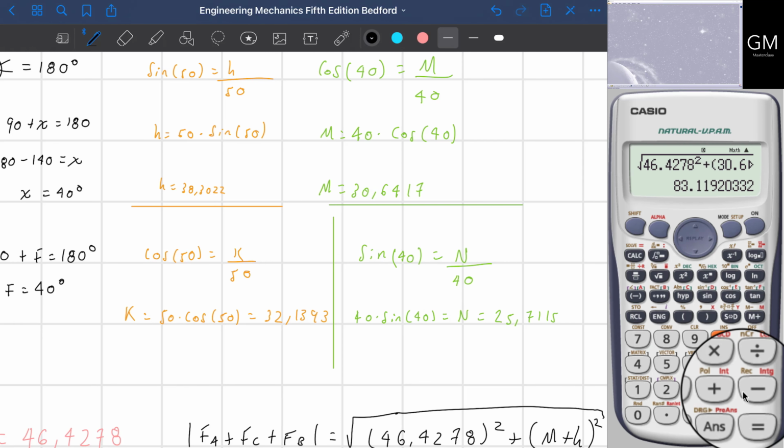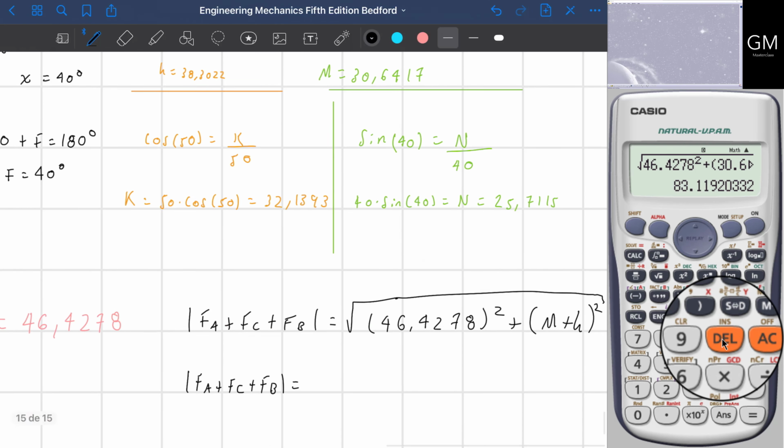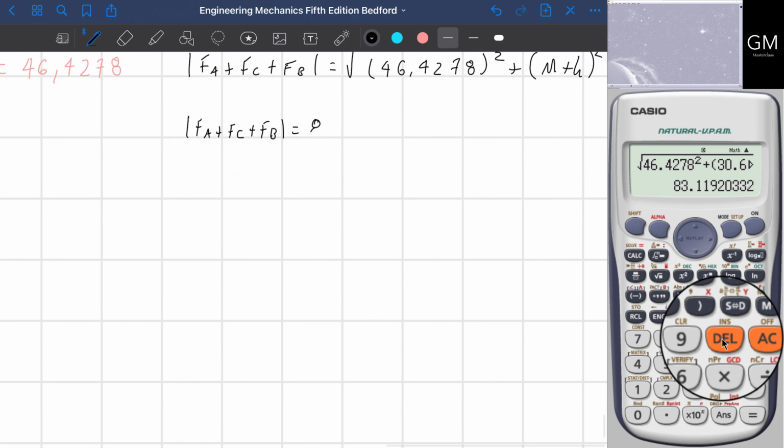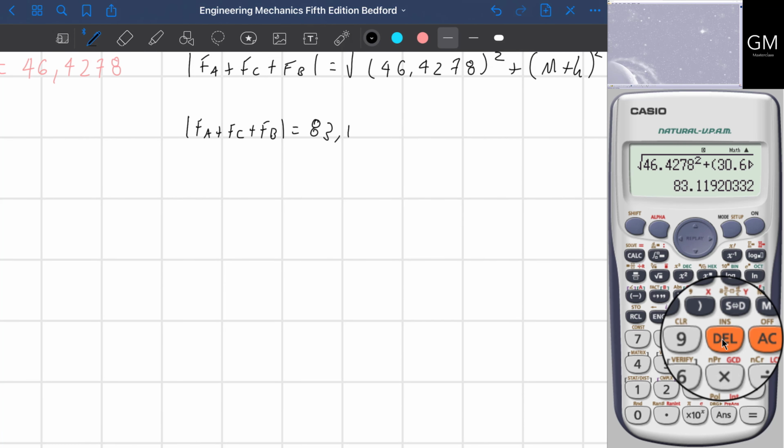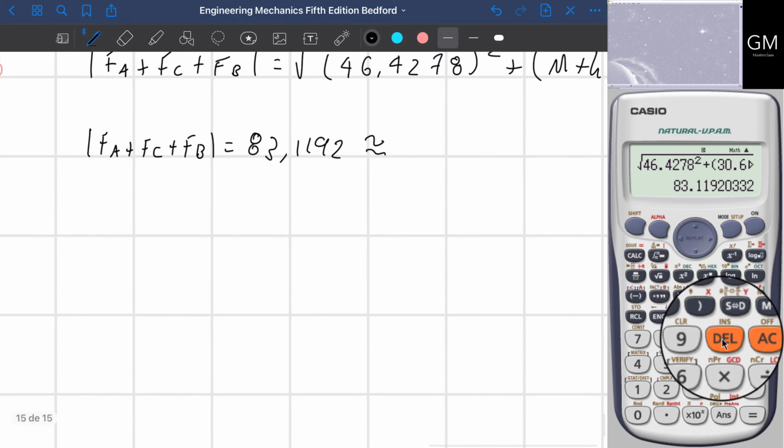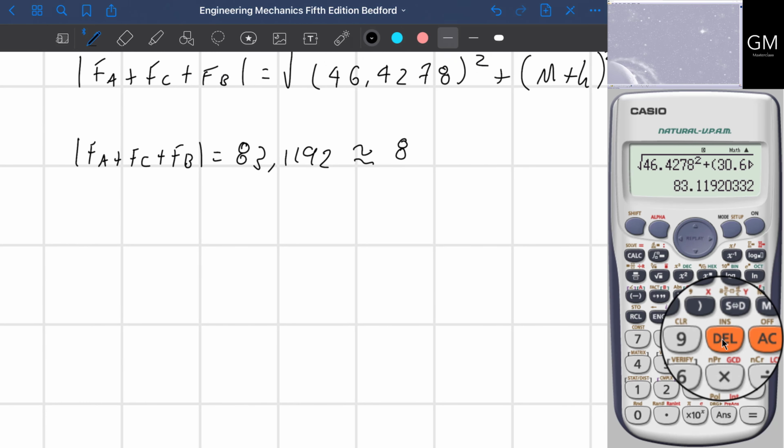This is evaluated to the second power, and the answer is 83.1192. This is approximately 83.1.